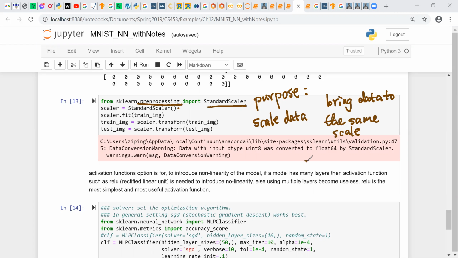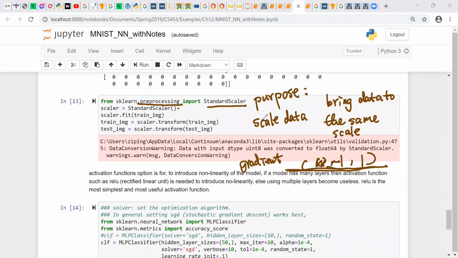Generally we consider -1 to 1, so you bring all of your data to this data range. That way, when we use gradient descent to do the training, we won't have skewed data generated. So that's the purpose.